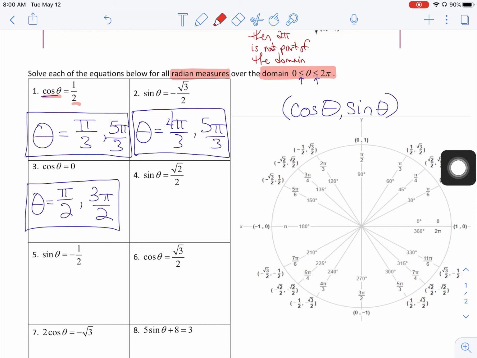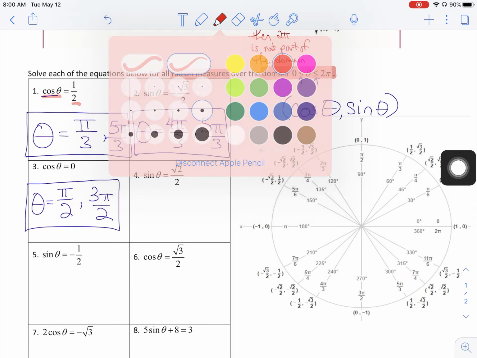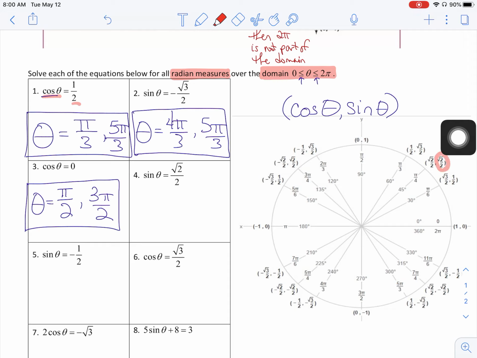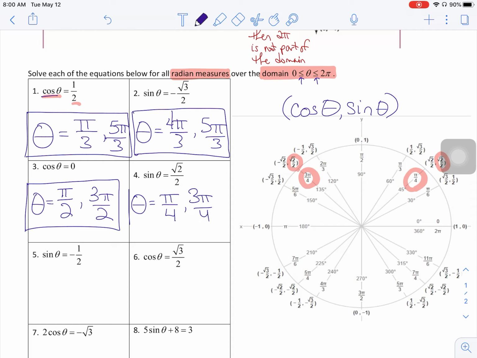All right, here I've got root 2 over 2 at pi over 4. And I'm going to keep rolling on through. And right over here I have another y value, root 2 over 2 at 3 pi over 4. So theta is equal to pi over 4 and 3 pi over 4.